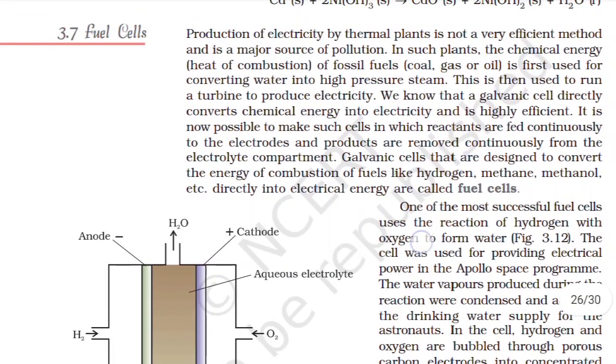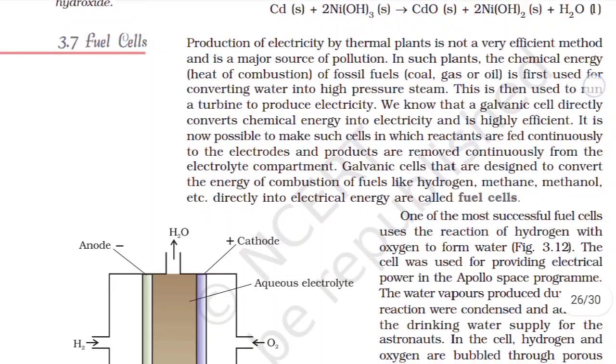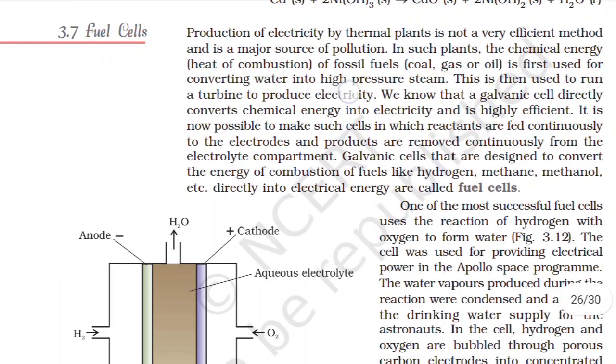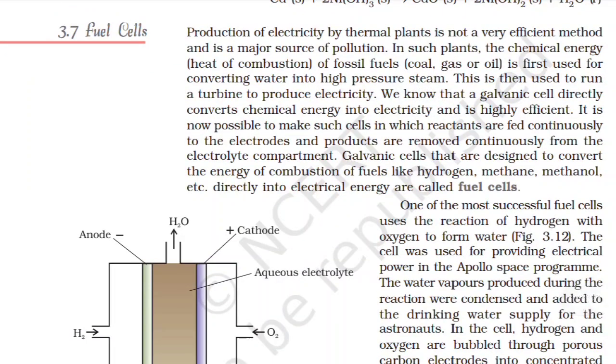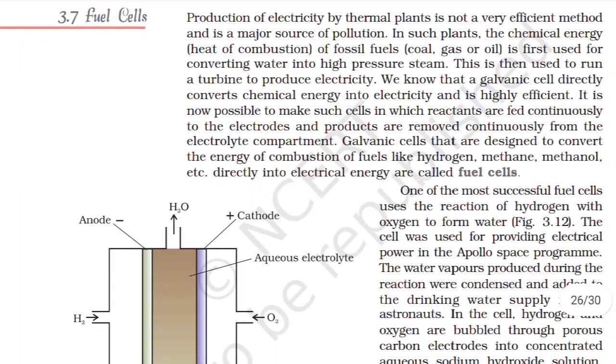Generally in some plants, the chemical energy of fossil fuels is used. In this process, the fuel is first used for converting water into high pressure steam, which is then used to run the turbine to produce electricity.